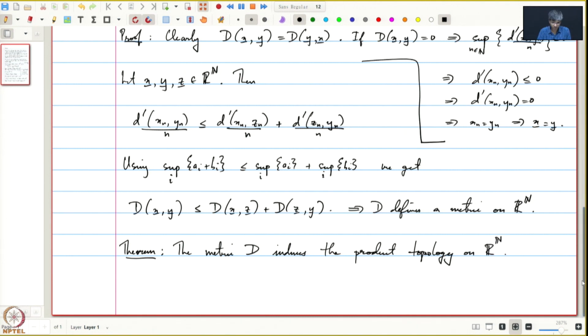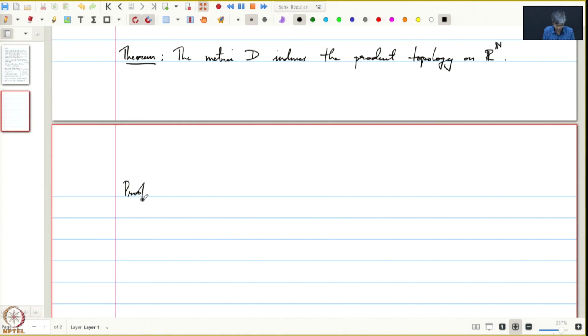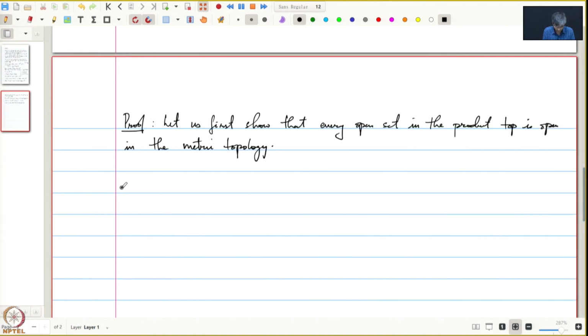Okay, so let us prove this theorem. Let us first show that every open set in the product topology is open in the metric topology. In order to do this, first consider the following sets.